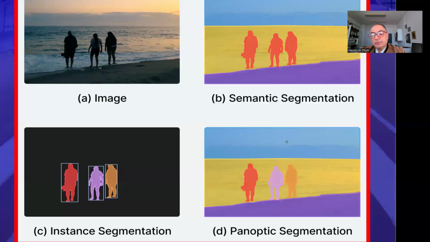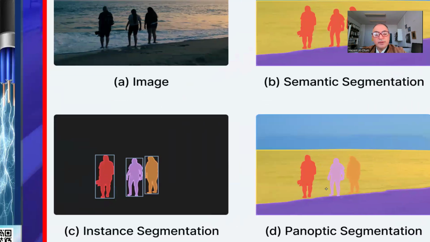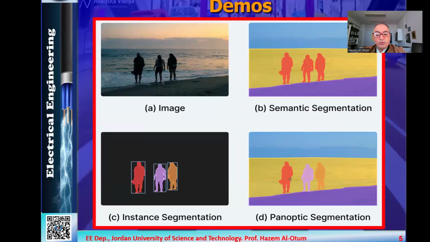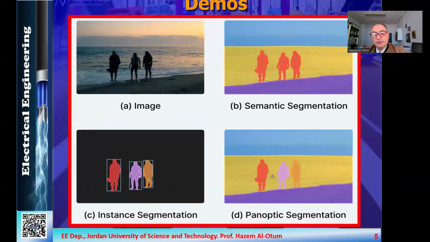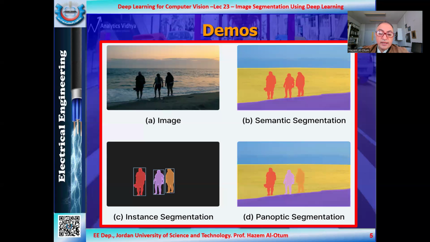Now, if we go to panoptic segmentation, here we combine both results in B and in C. So you see in B and C, we combine both results and give this type of panoptic segmentation where you can specifically and very exactly define the objects inside this image separately and accurately.